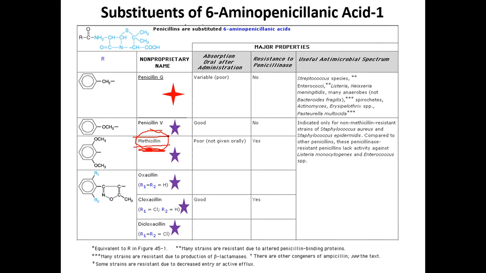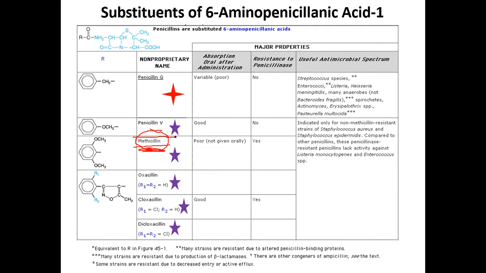But if the organism continues to grow in the presence of methicillin, then that means what you have is methicillin resistance. And this is found in staphylococcal organisms, staphylococci. And so that type of resistance is what we call methicillin resistant Staphylococcus aureus, MRSA. Those are very difficult organisms to treat.